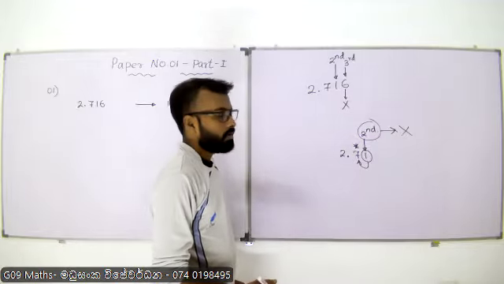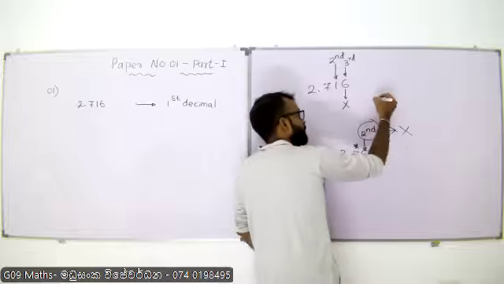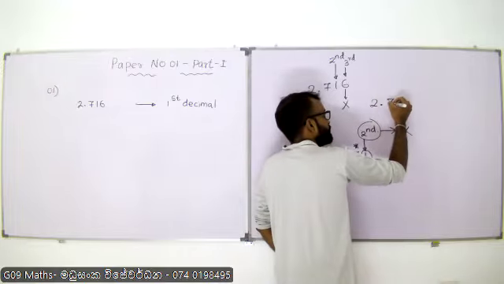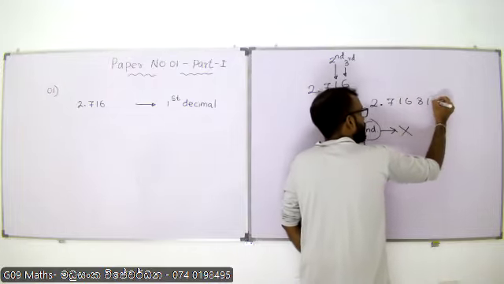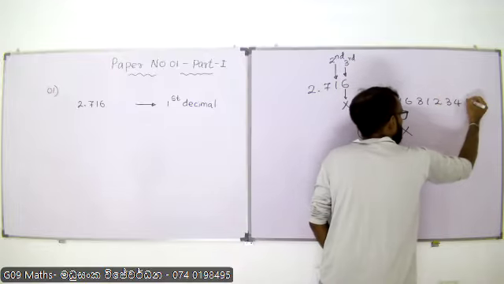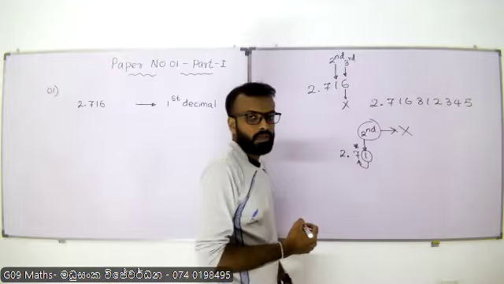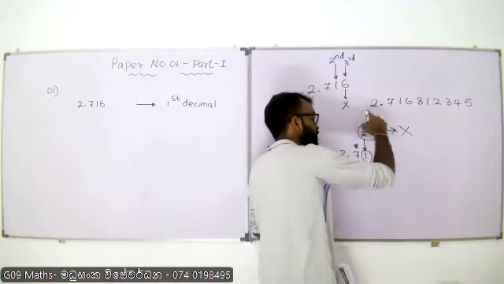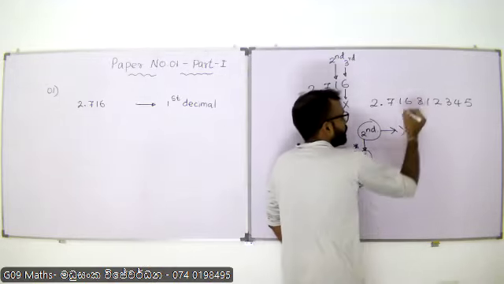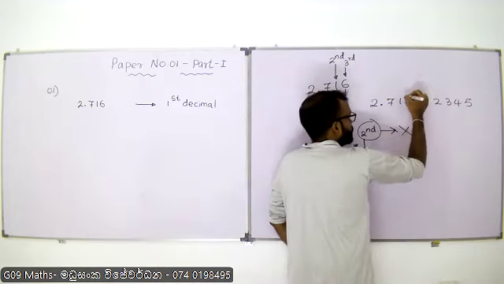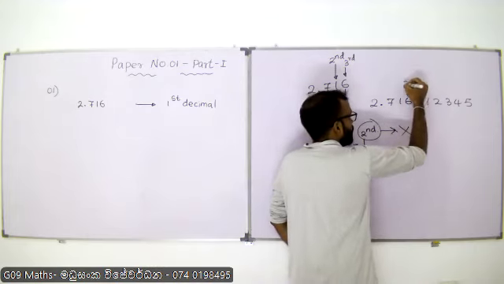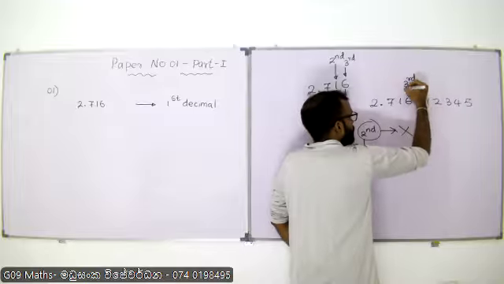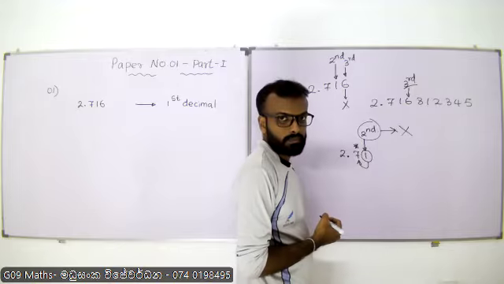Now this one, 2.716812345. In the exam, they are asking you to round this value to the third decimal place.